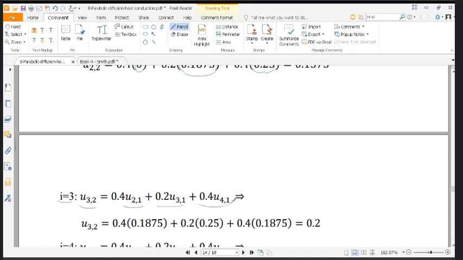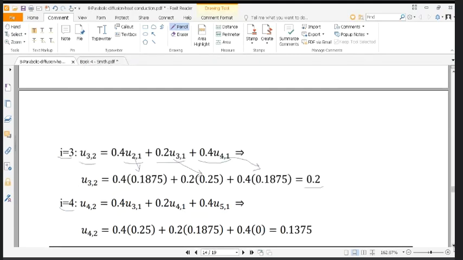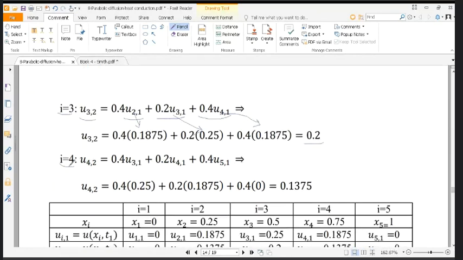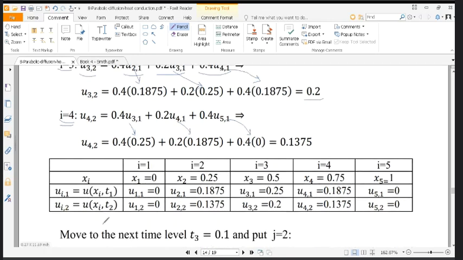And we put the values of u in this formula, and then we have 0.24 for i equal 3, the value of u(3,2), or u at x3 and t2. And then we put i equal 4, and the value of u for this point is replaced, and the result is 0.1375.